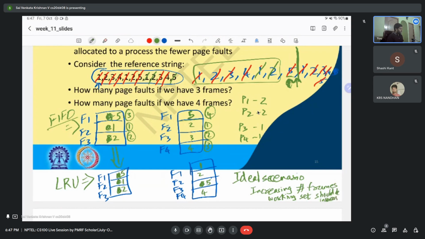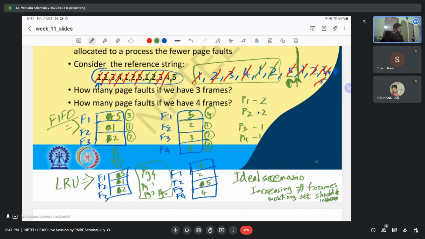What I mean by that is, say you are actively using 4 pages, page 4, page 1, page 2, and page 5. If these are the 4 pages that you are using, with just 3 frames allocated to you, you can only have any 3 of these pages in your memory.